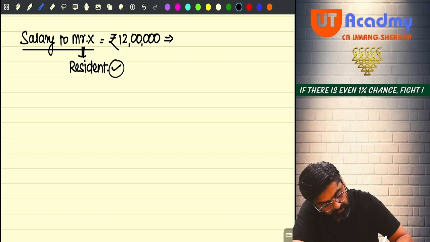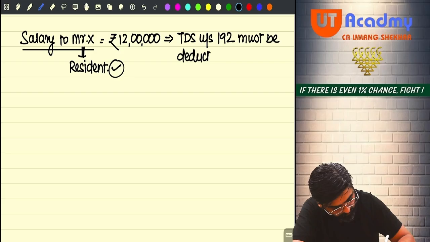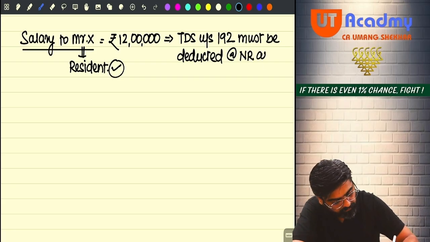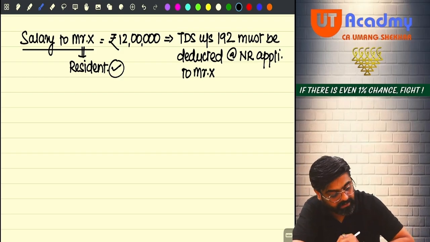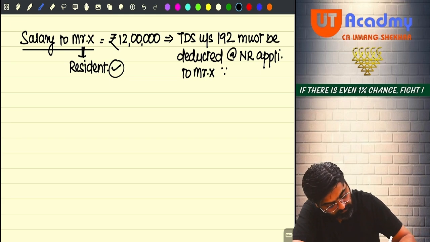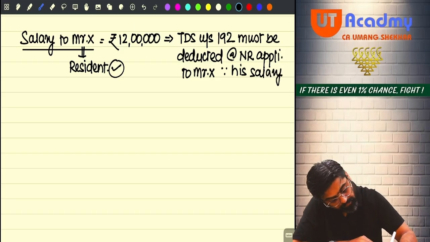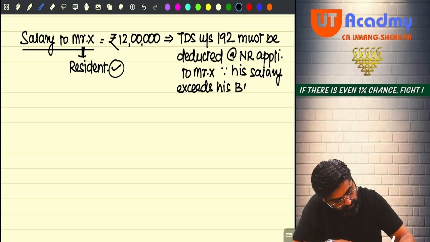On this, TDS under section 192 must be deducted at normal rates applicable to Mr. X, since his salary exceeds his basic exemption limit.